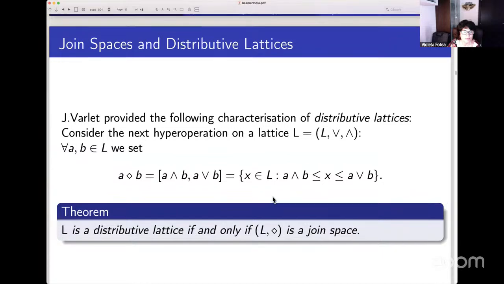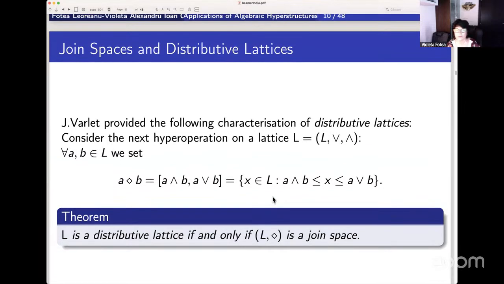First one is about connection with the distributive lattices. We consider here as a hyperoperation just the closed interval.